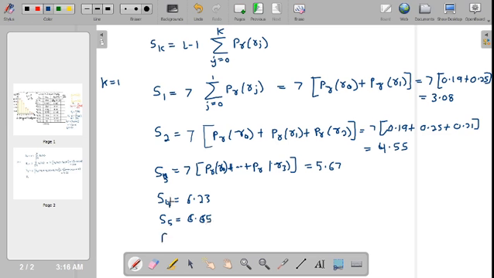Next 6.86. 6.86. 6.86. Next S7. S7, 7.00. Okay.